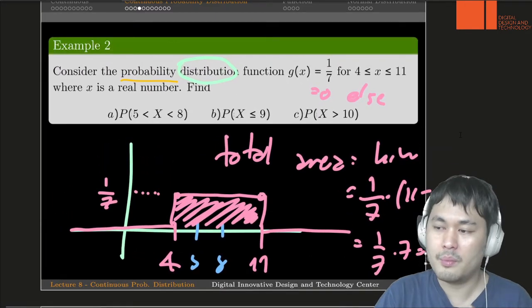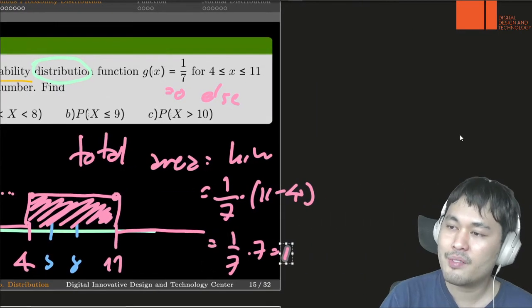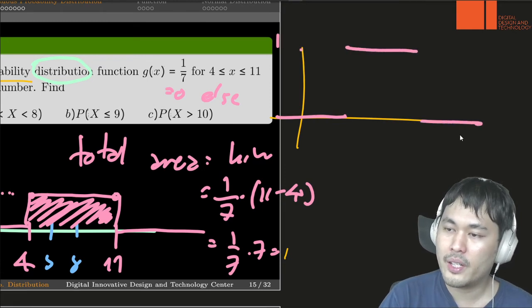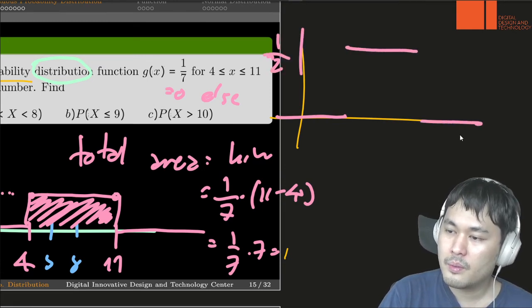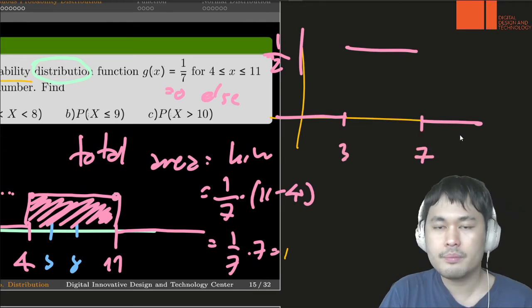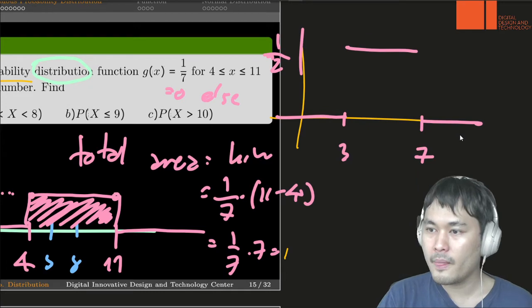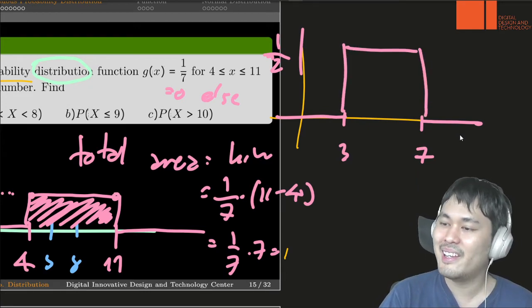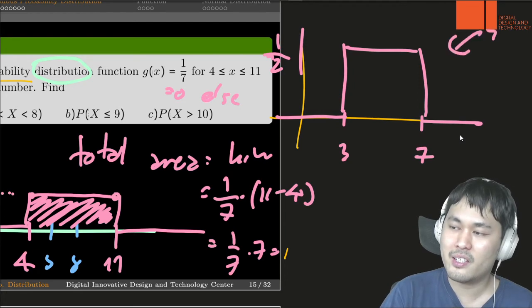Let me give a note, since you might ask: can we have something like the graph right here, and then maybe 1/2 for 3 to 7? In this case, the problem is, you can see hopefully immediately, this function, let's say that's h of x.